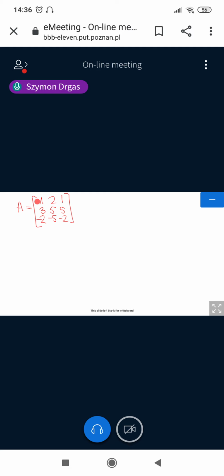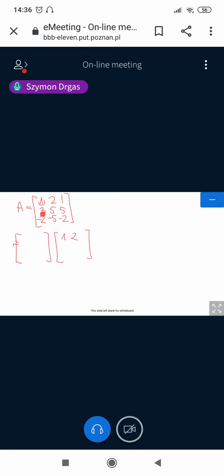So we have to use this entry as a pivot, and we have to eliminate this 3. We'll do it by multiplying the first row by 3 and then subtracting it from the second row. So we can write that we have a 3 by 3 matrix, which will do it for us.